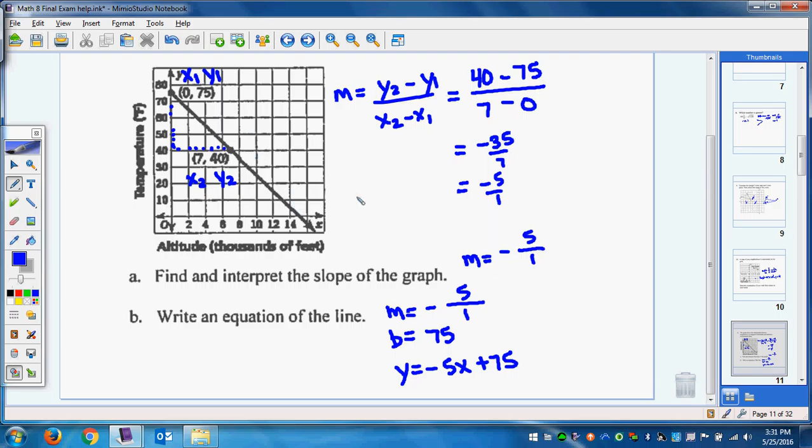Something like that. Use your words, whichever order you like better, but actually we do talk about the x part first. As the altitude is increasing, remember how the numbers are going up as you go to the right, the temperature is decreasing because the line is going downhill. That's the interpretation.